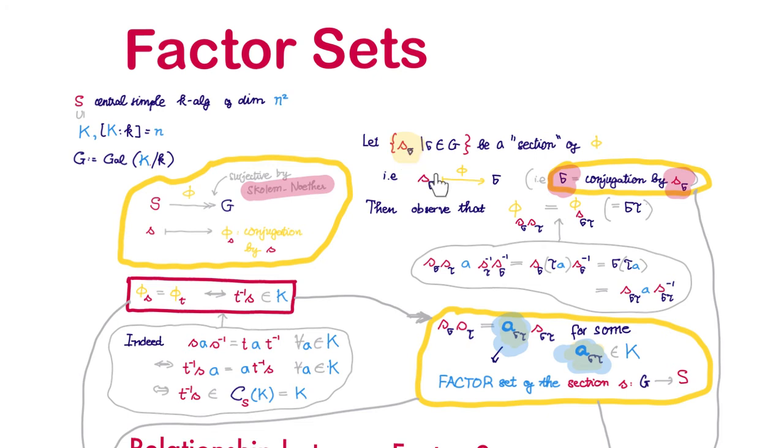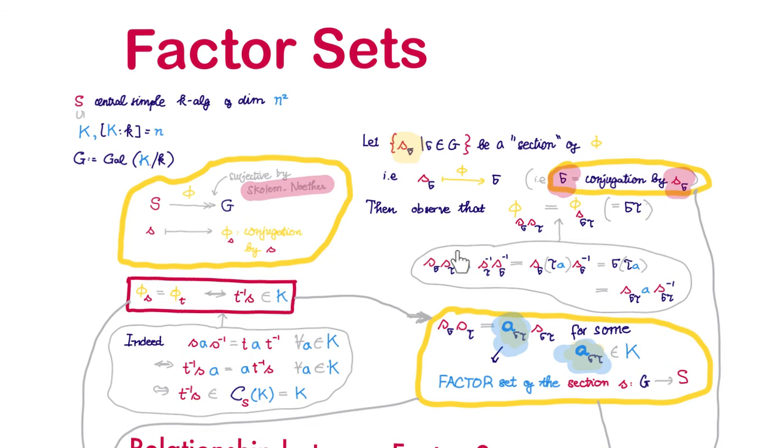That is, conjugation by S sigma is going to be equal to sigma on K. Then observe that S sigma times S tau and S sigma tau lie in the same fiber under phi because they both map to sigma tau. That is because for every element little a in big K, conjugation by S tau applied to a should be equal to tau a. And then conjugation of that by S sigma should be equal to sigma of tau a.